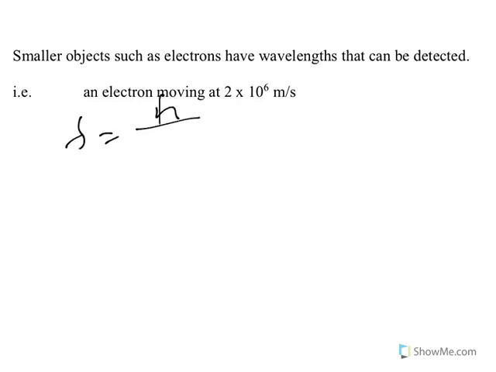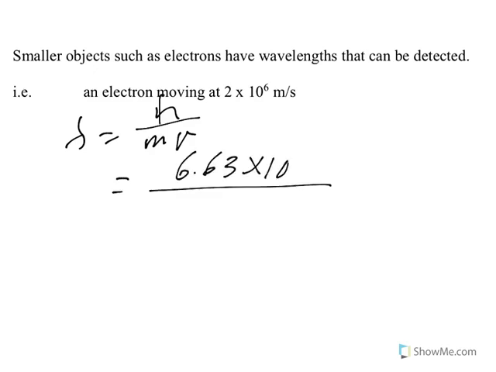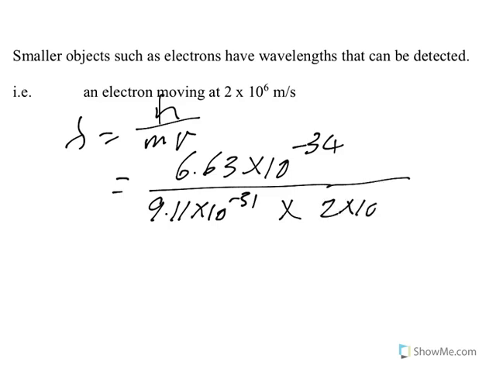Here's our electron, h over mv. Now h is 6.63 by 10 to the minus 34 for the electron volts version there. The mass of an electron is 9.11 by 10 to the minus 31, something you would look up or be given, times how fast it's going, which is 2 by 10 to the 6. When you work that out, you find that it's 3.6 by 10 to the minus 10 metres.